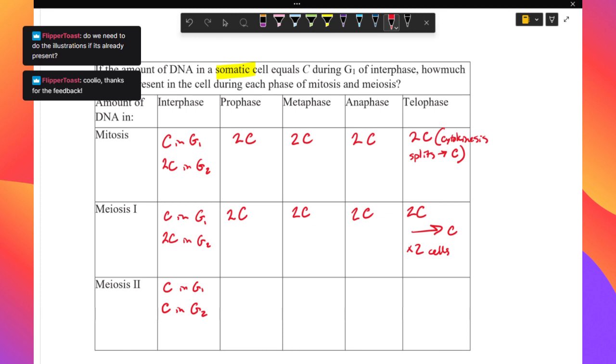So there's no additional multiplication of genetic material in here because the point of meiosis is to get to 1/2 the amount of genetic material from the parent cell. And that just carries across. And you end up with 1/2 the genetic material divided between these 2 cells.